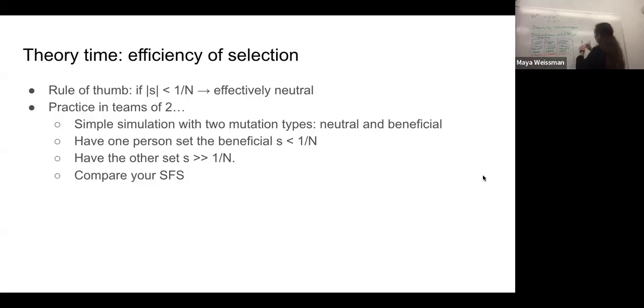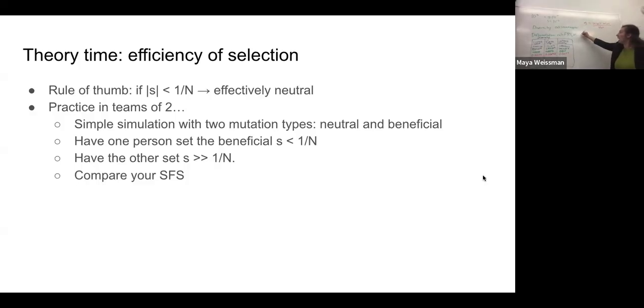So remember, S is the fitness of the mutant, fitness is with a W, minus the fitness of the wild type, divided by the fitness of the wild type. So this is the relative increase in fitness that a given mutation gives you.